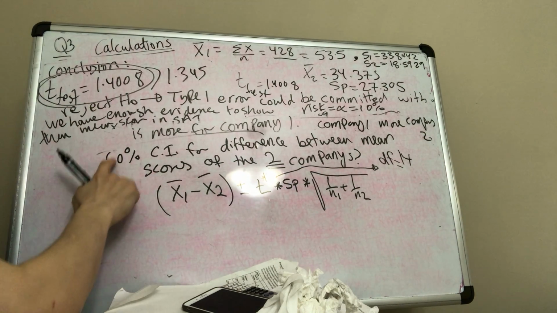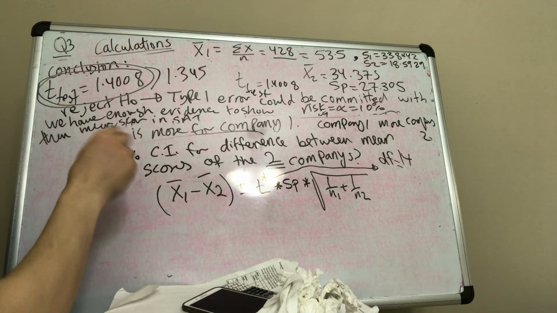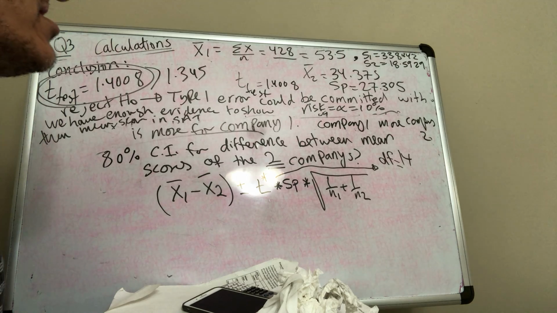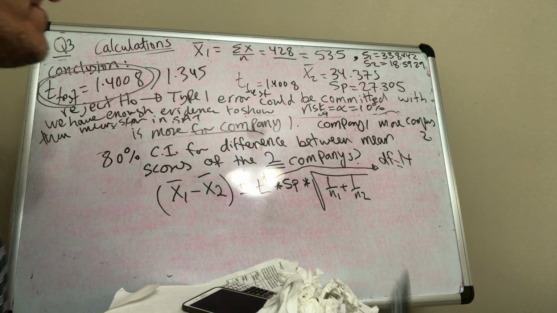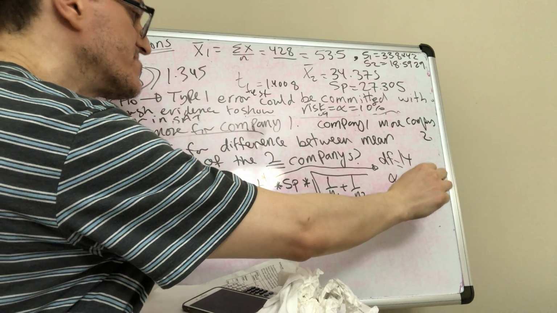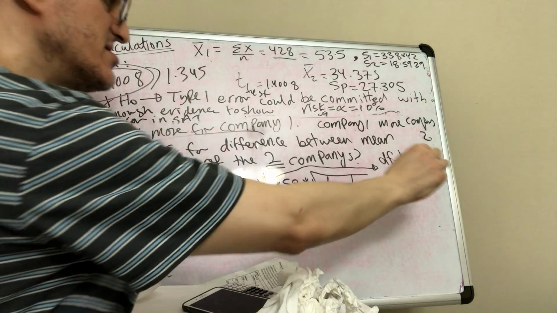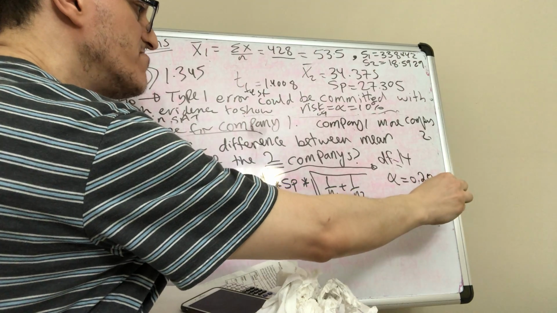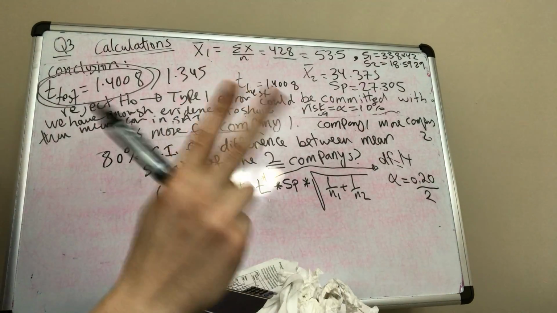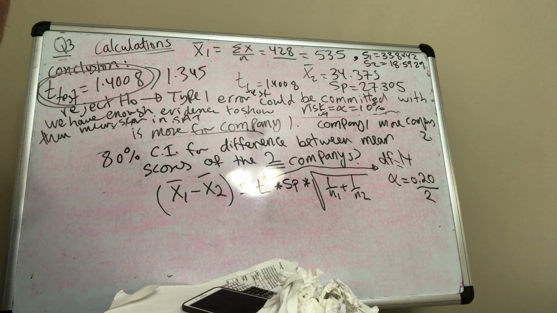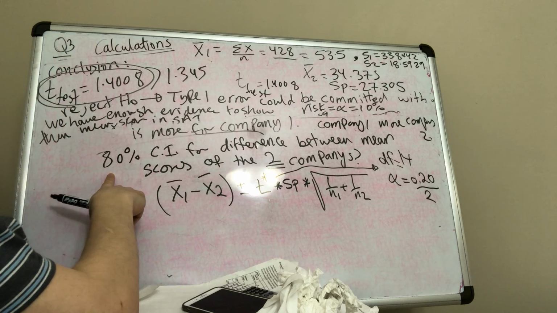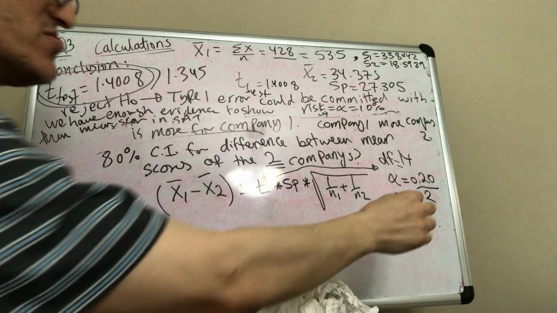I'm going to change this to an 80% confidence interval. It doesn't matter, it's whatever they give you. So the degrees of freedom is 14, and alpha is whatever the remainder is, but we divide by 2. All confidence intervals are two tails. So whatever the remaining percentage is from the confidence interval, you divide it by 2.